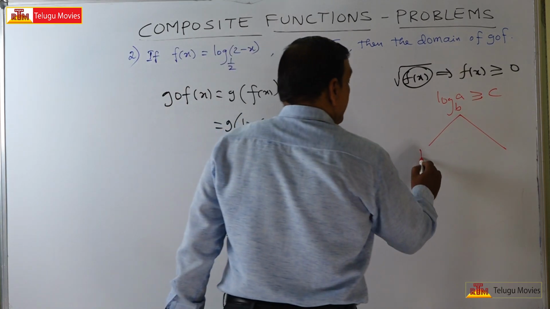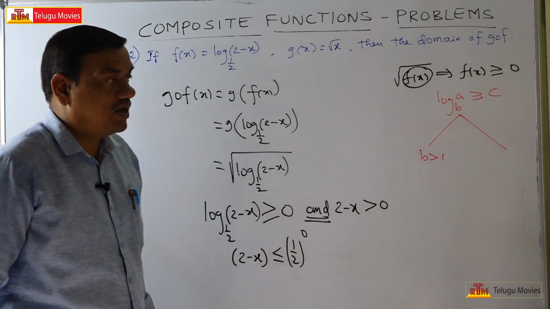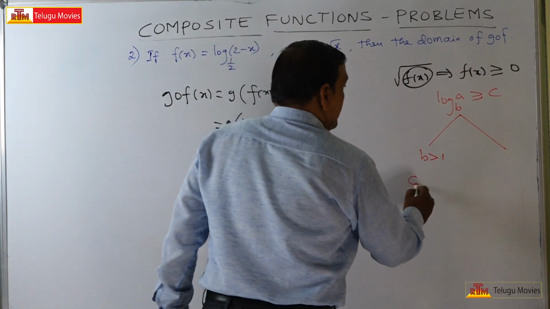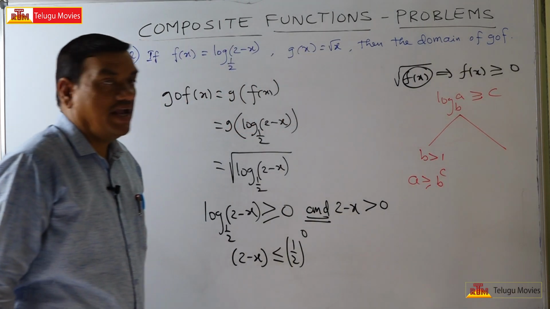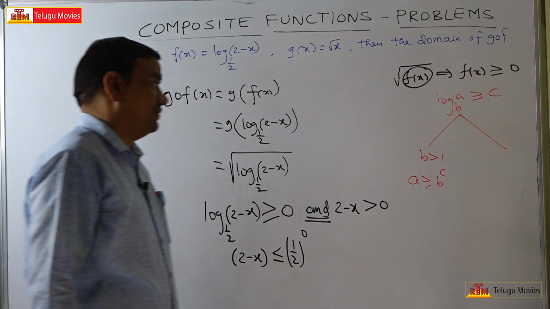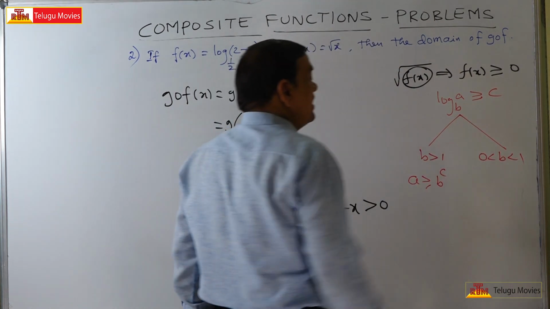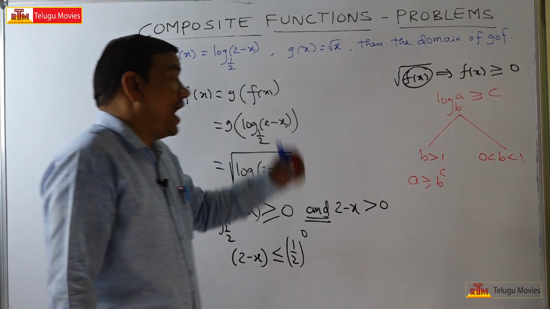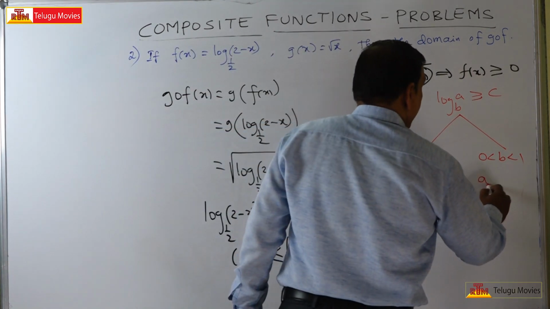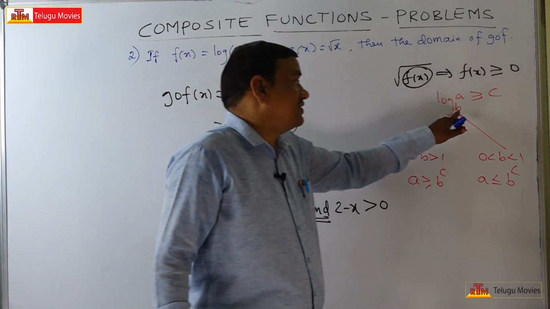If b is greater than 1, then a is greater than or equal to b power c. If b lies between 0 and 1, actually b cannot be negative, then a is less than or equal to b power c. When the base lies between 0 and 1, the inequality will change.